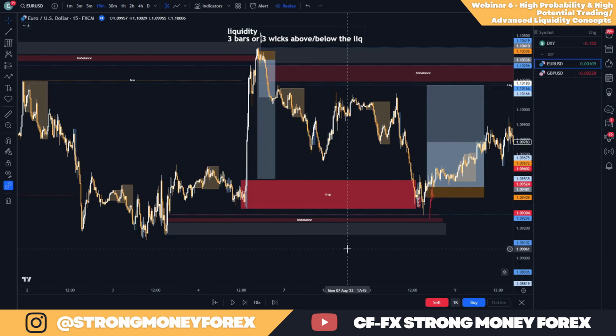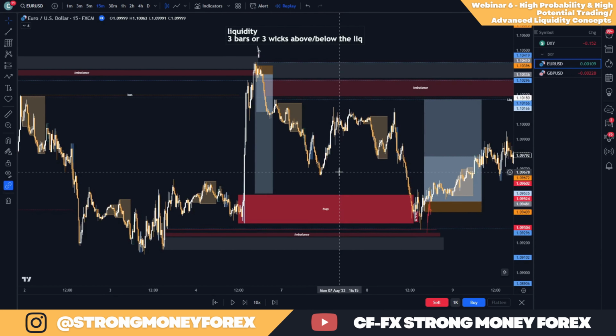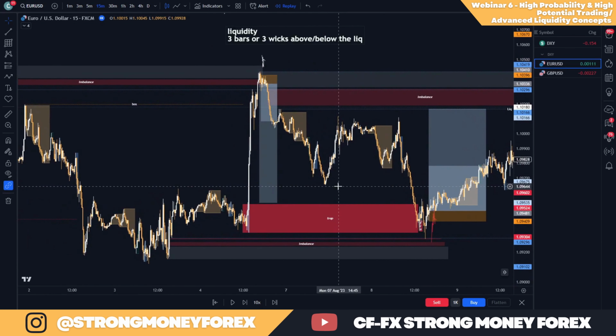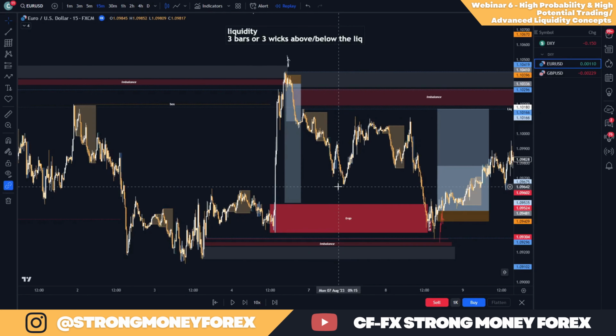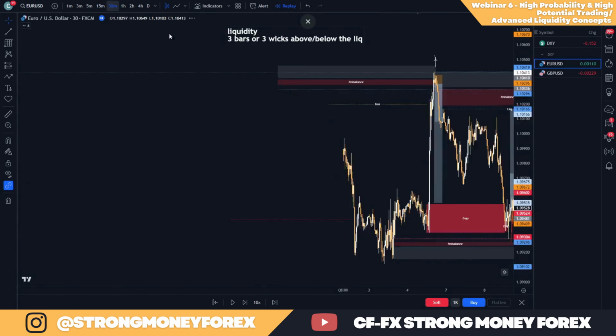Can you quickly show me how we can draw the levels in different time frames and use those levels? Because when I sit and draw the levels on my laptop, it all messes up.